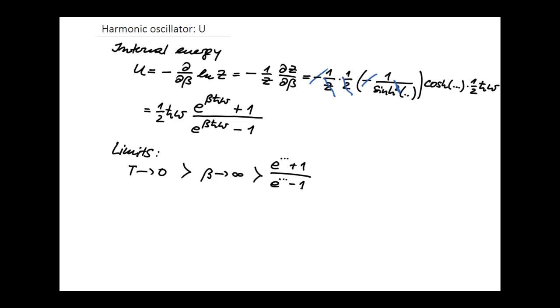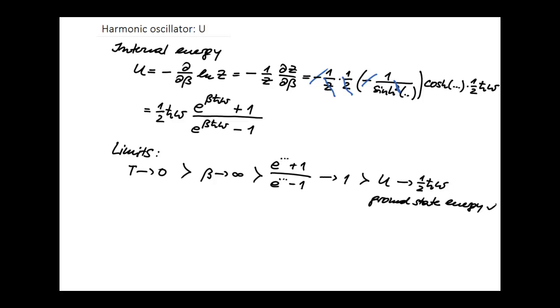It's much larger than 1. So numerator and denominator both become very large. The plus or minus 1 becomes negligible. So this ratio approaches 1, and this means that the internal energy approaches 1/2 h bar omega, which is the ground state energy, which is exactly what you would expect: as the temperature goes to 0, the system settles in the ground state.